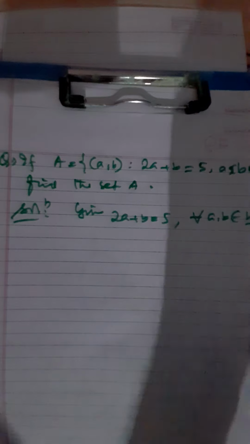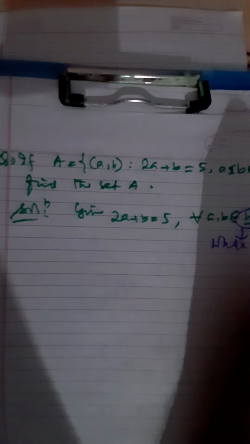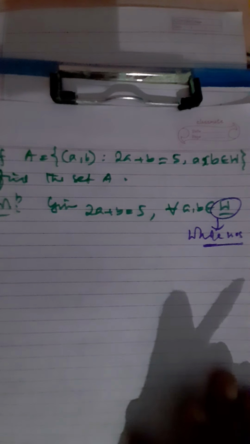Solution. How to find out A? Given 2a plus b is equal to 5. This is given, for all a, b belongs to W, meaning whole numbers. These should be whole numbers.